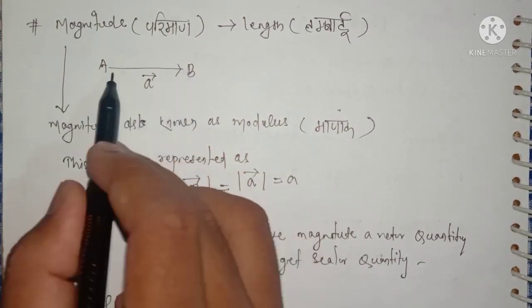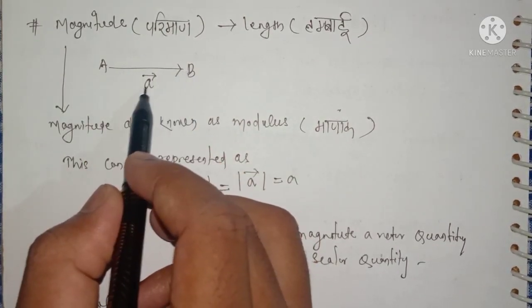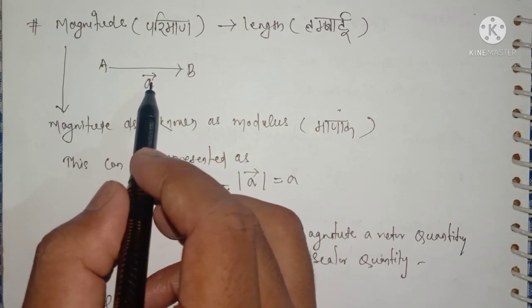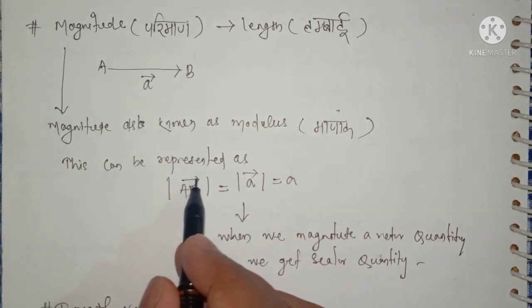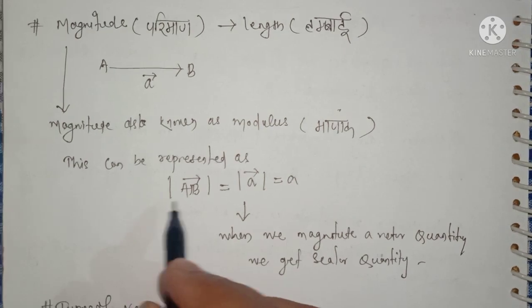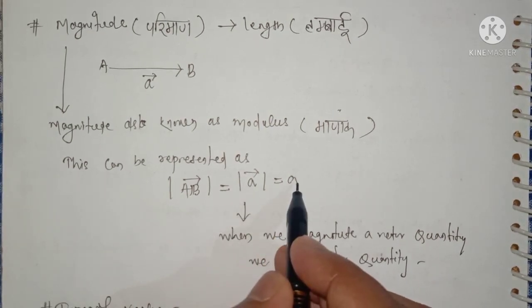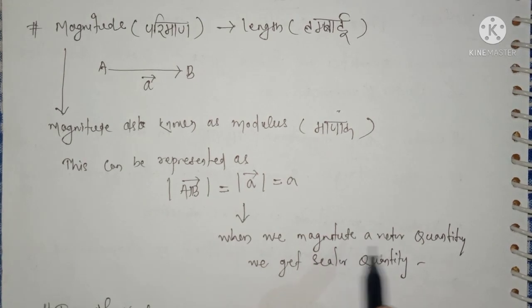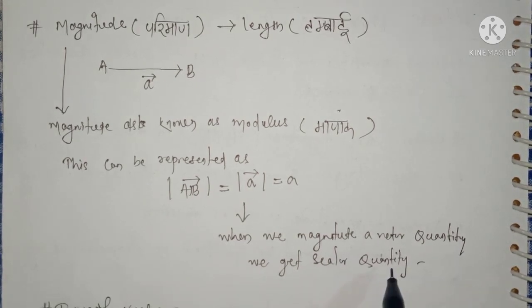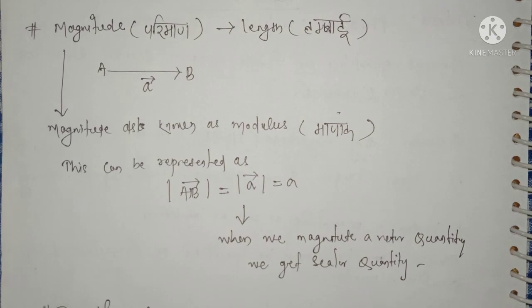This is a vector and it's written as A vector, and the magnitude of A vector is equal to A. So that means when we take the magnitude of a vector quantity, we get a scalar quantity.